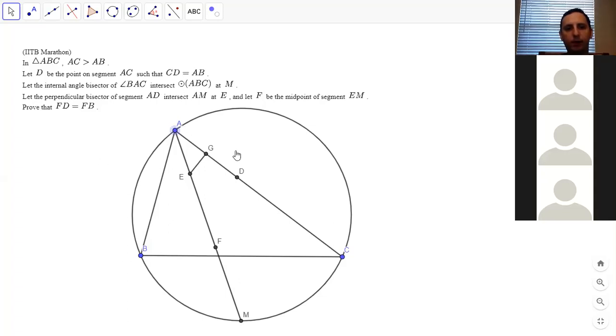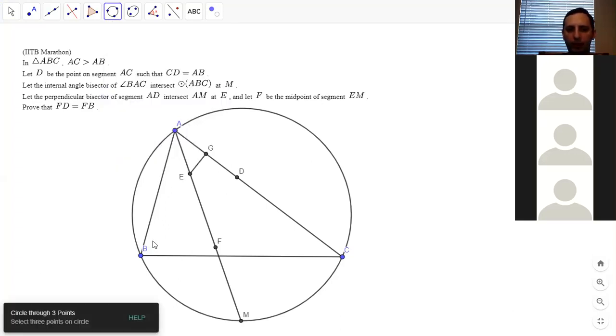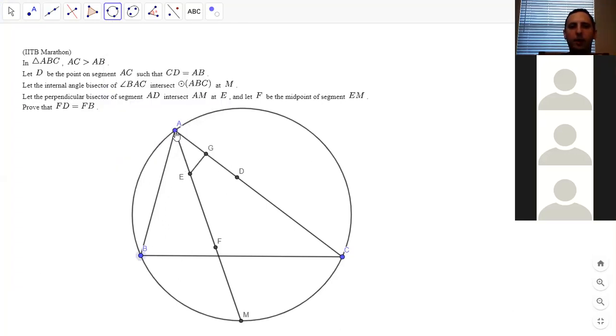We could try to rewrite the problem by drawing a circumcircle of ABD. I think that might be easier. What if we let the circumcircle of ABD meet AM at F prime?